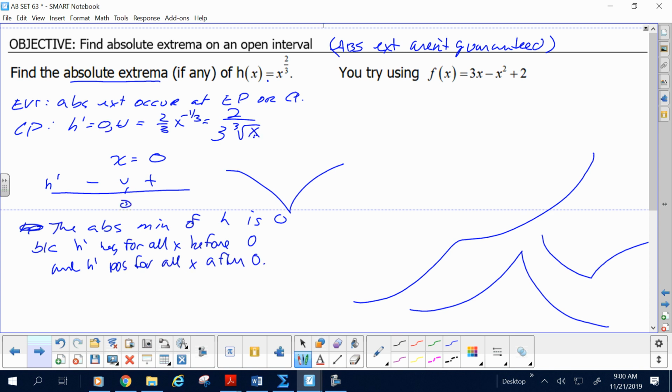And that "for all x" is a little more powerful language than we normally do for a relative extrema. I wouldn't need "for all x" for a local or relative extrema. It's for the absolute that you would need to be that powerful.